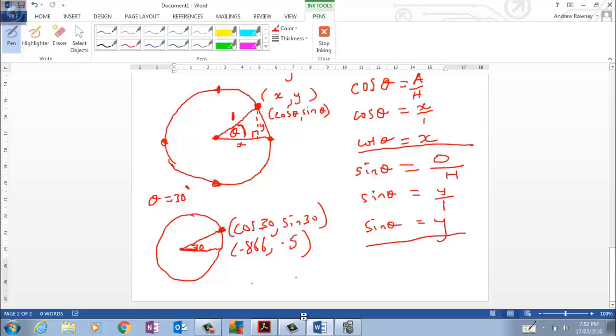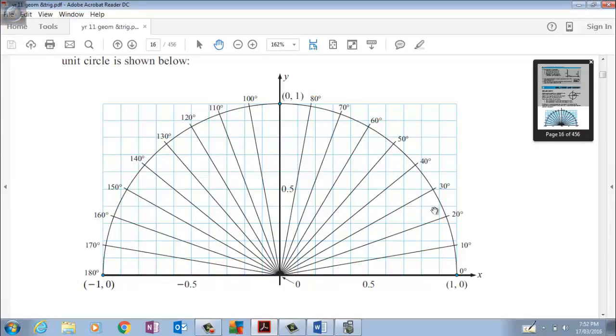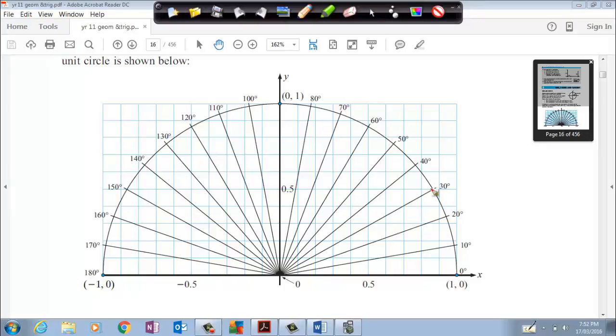Now let's actually compare that with the book. If we go to the textbook, you can see the 30-degree line is this line here. That's the spoke going out to the edge of the circle at 30 degrees. Now the coordinate of that point we found with the calculator is 0.866, 0.5.